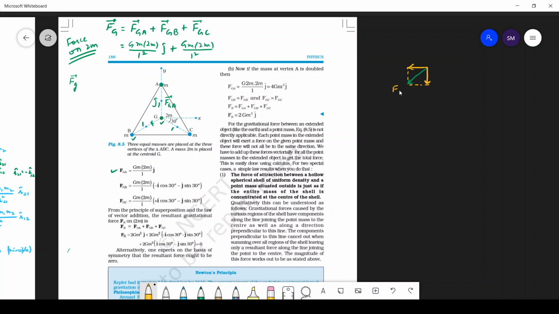The force was in this direction, the force on G due to B. That was the direction of this force, and this is the unit vector. This magnitude is of the unit vector in this direction. Okay. Now this is I cap. This direction is plus I cap and this direction is minus J cap.